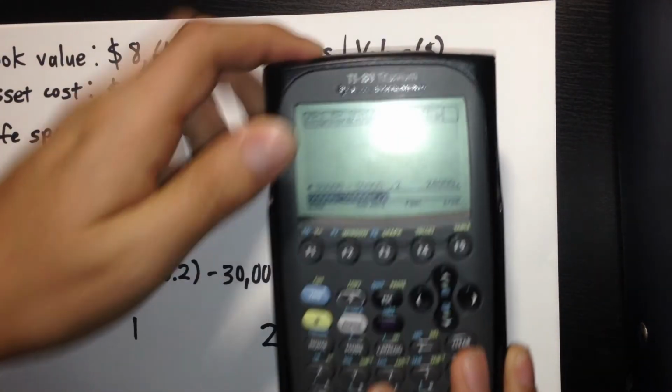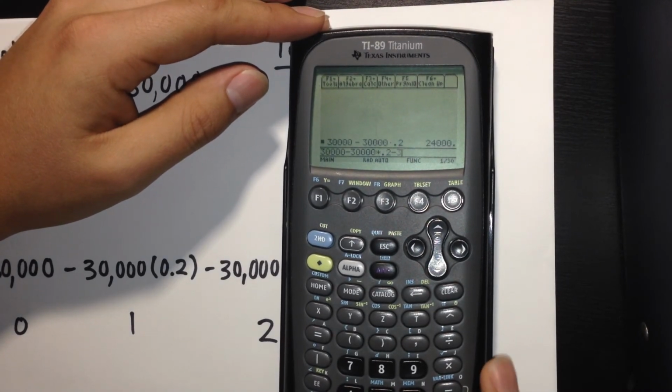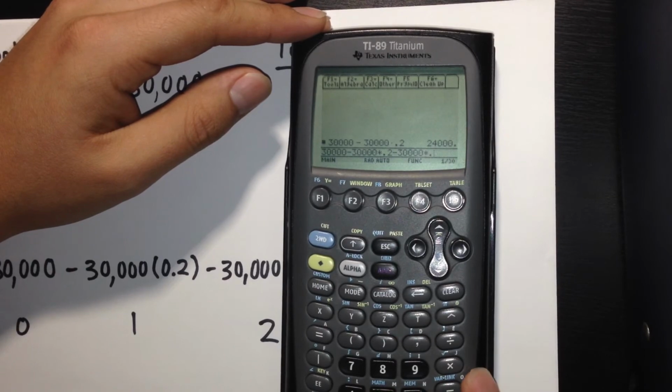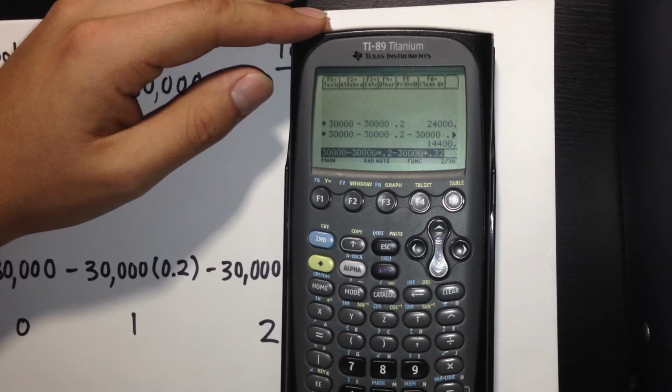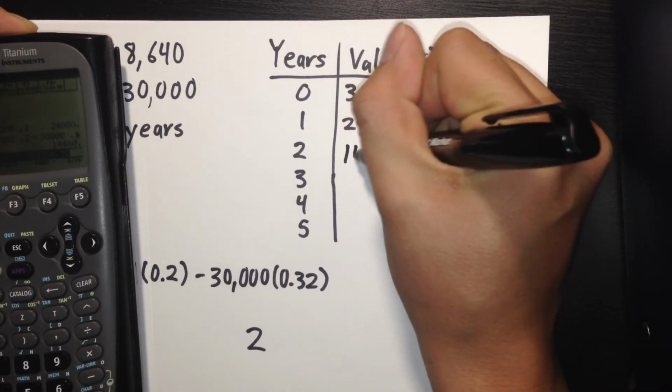Go ahead, punch that in our calculator again. So that'll be minus 30,000 times 0.32. So now we're at 14,400.